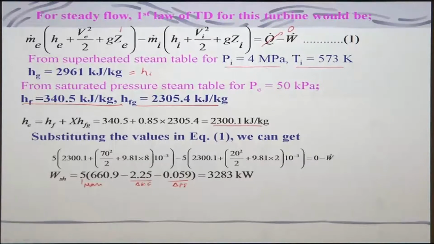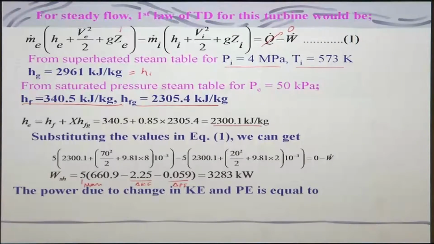Now, this is quite a bit of power being generated by this turbine. We need to find out the error if we neglect the change in kinetic energy and change in potential energy, which is almost 0. The power due to the change in kinetic energy and potential energy can be evaluated very easily: taking the change in kinetic energy 2.25 and change in potential energy 0.059, multiplied by 5, it comes to around 11.5 kilowatt, which is very small compared to 3283 kilowatt.